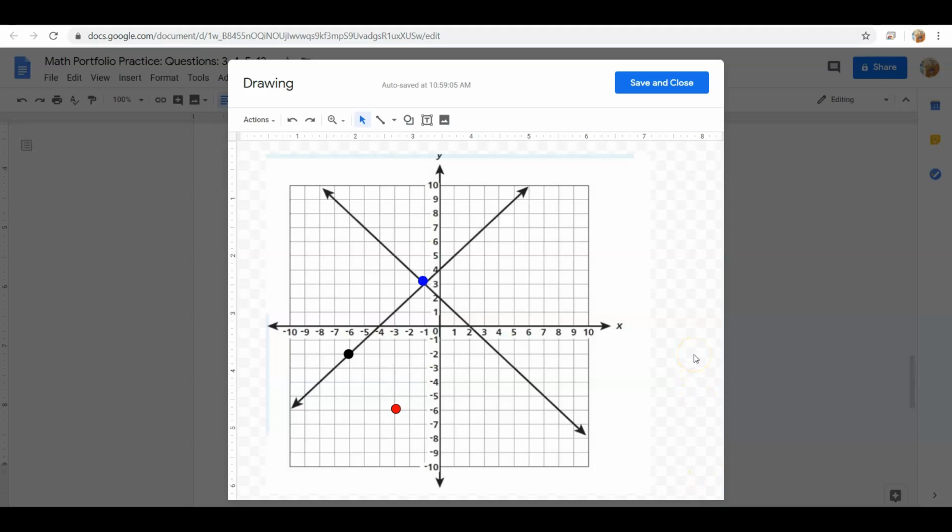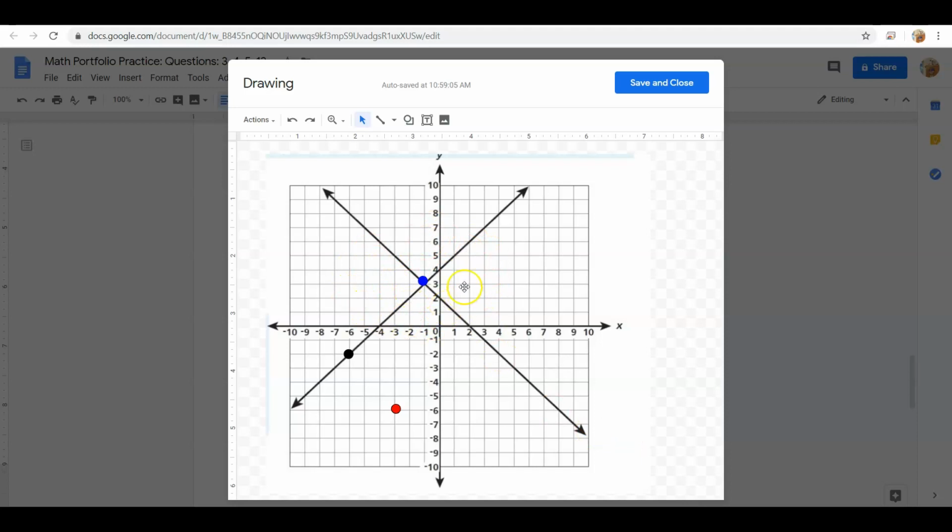So the only thing you need to do for this question is plot the points. Again, the black point or point A is on a location that is only a solution for one of the equations, one of the lines. The blue dot represents a point that is a solution to both of the equations at the same time, where they cross.